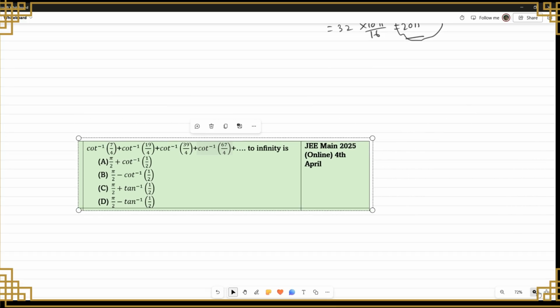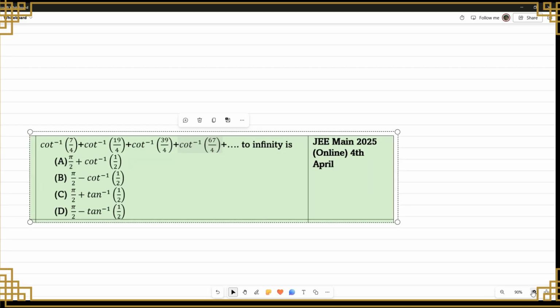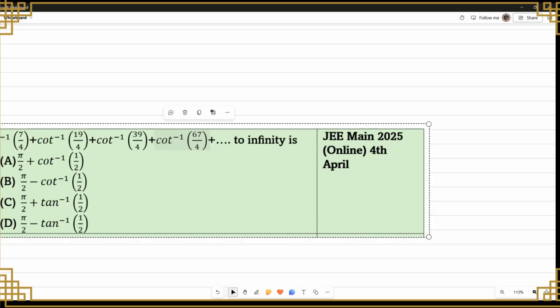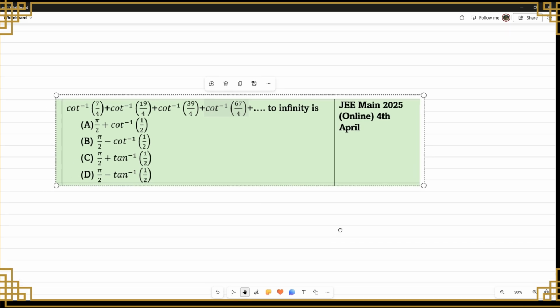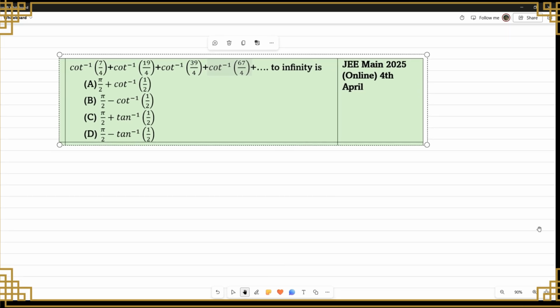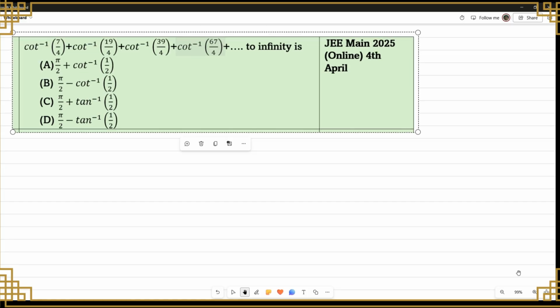Go for this one. What I want to tell you is that this sum also is not anything out of syllabus. It is just a common sense sum.